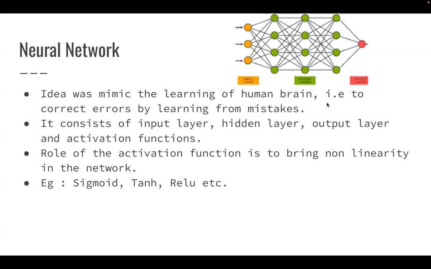We also have activation functions in between. The activation function's role is to bring non-linearity in neural nets. Otherwise, the effect of adding 100 hidden layers will be the same as the effect of adding one hidden layer. Some of the common activation functions are sigmoid, tanh, relu, etc. You'll be using some of them in your project.